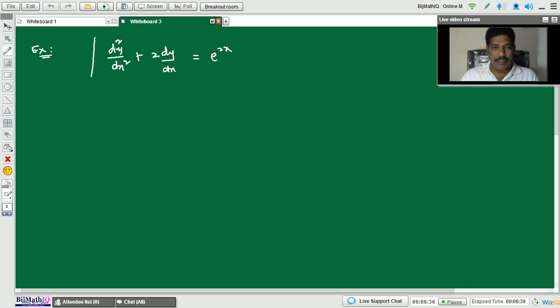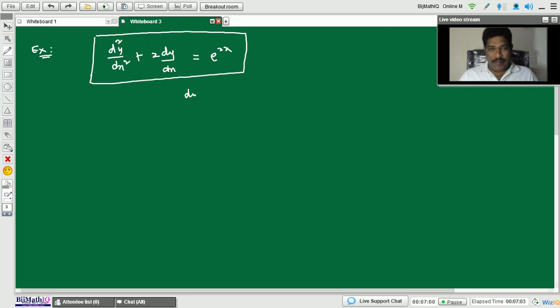In the complete equation, how many derivatives are there? There are two derivatives. One is dy by dx and the other is d square y by dx square. This is a first order derivative and this is a second order derivative.